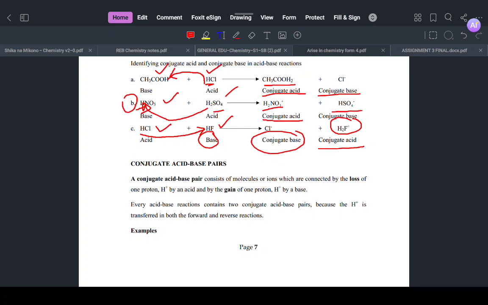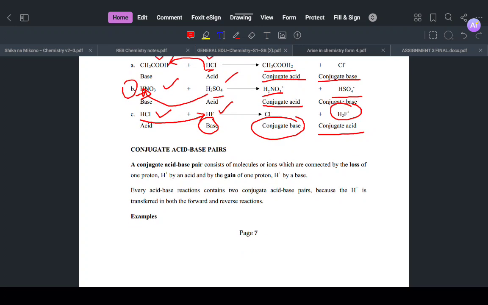Now in the exam, they will ask you to write down the conjugate acid-base pair from the following reaction. So what is a conjugate acid-base pair?